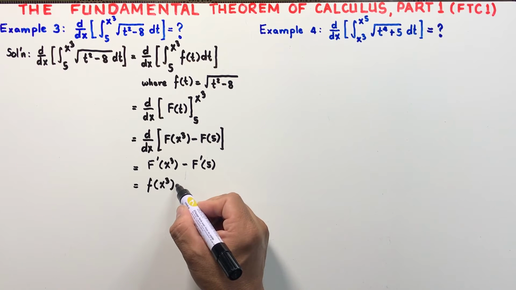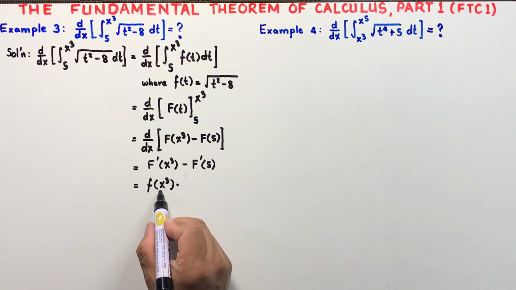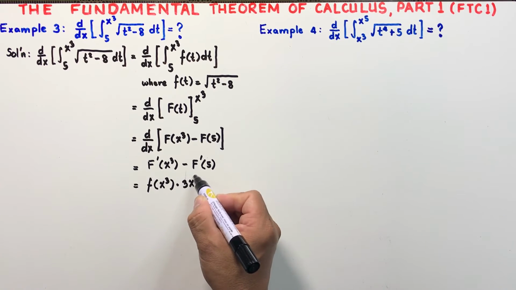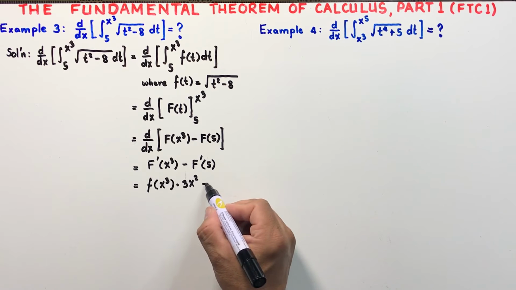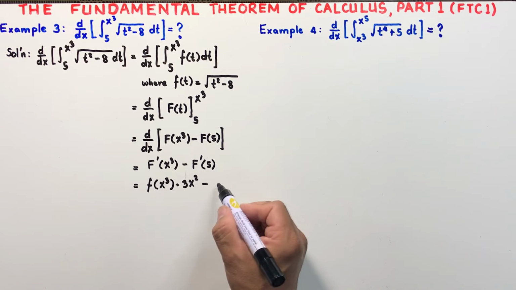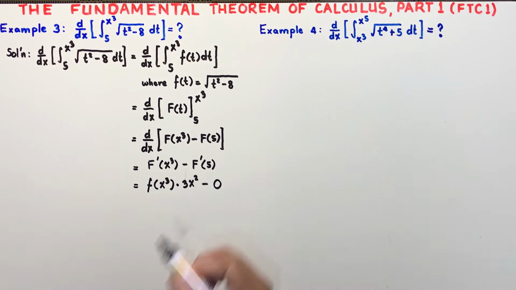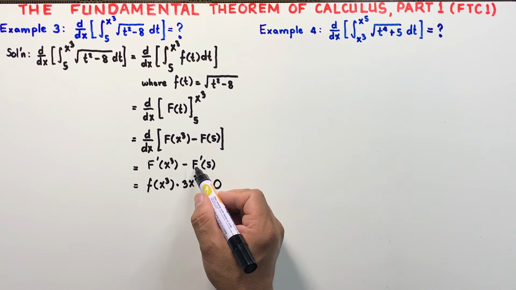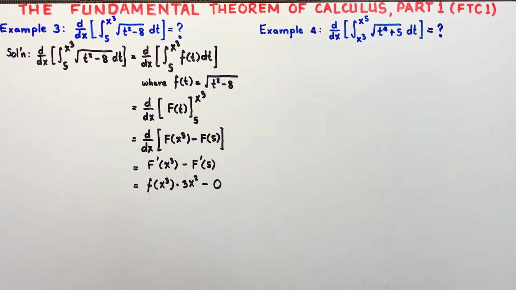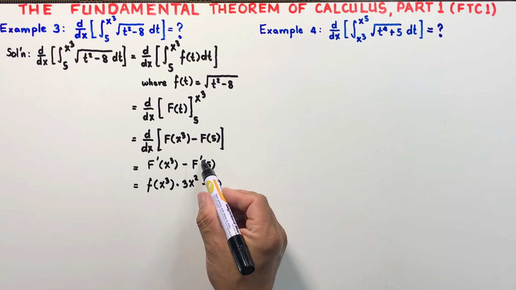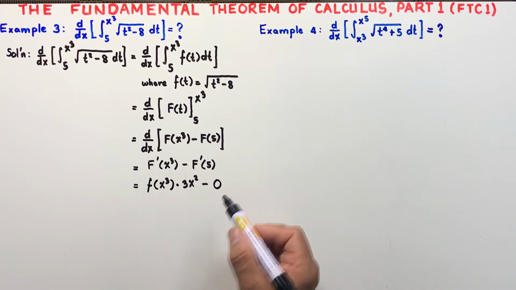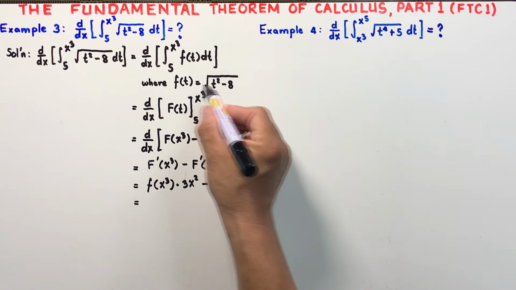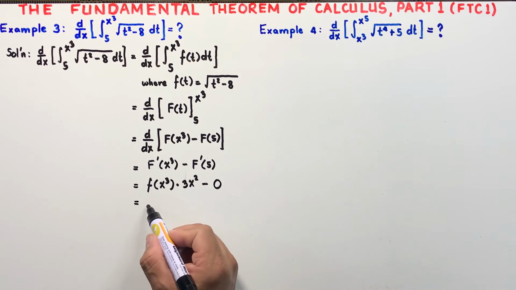And using the chain rule, we need also to find the derivative of x cubed, which is 3x squared. And we know that the derivative of a constant is 0, because when 5 is substituted into the function, the result is a constant. So here, our small f, we know that this is the square root of t squared minus 8.